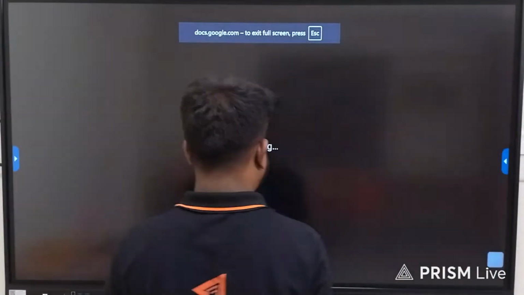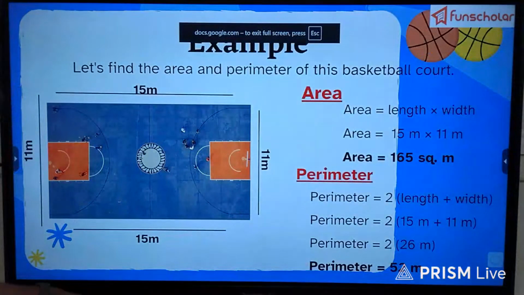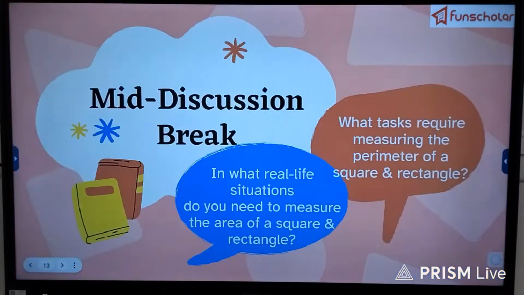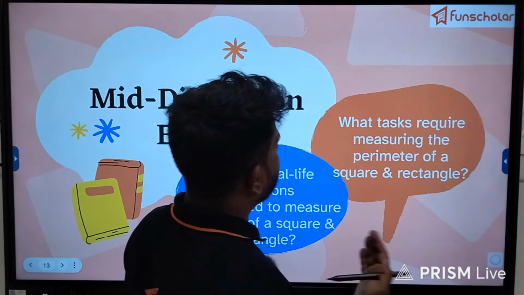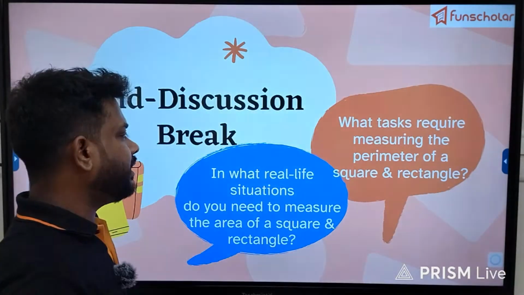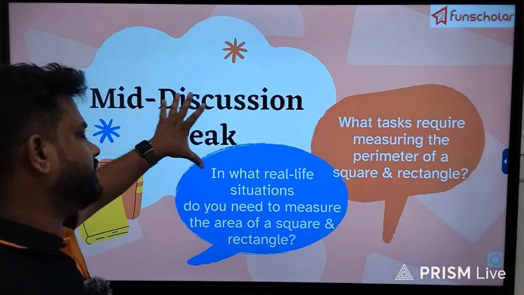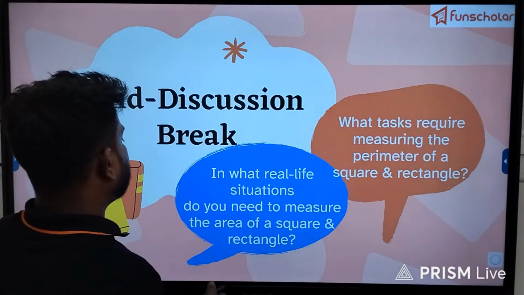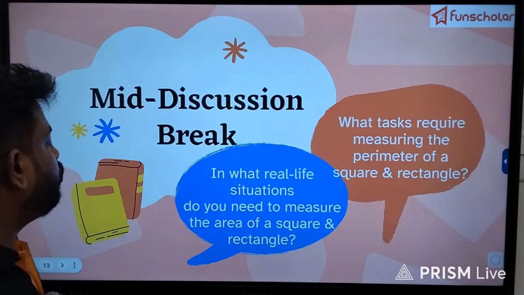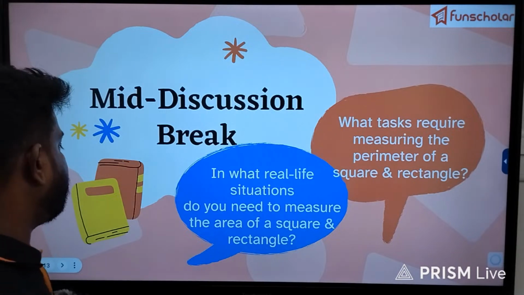So let's go further, that is: what task requires measuring the perimeter of a square and rectangle? So this one is like a mid discussion or brainstorming period. In what real life situation do you need to measure the area of a square and rectangle?